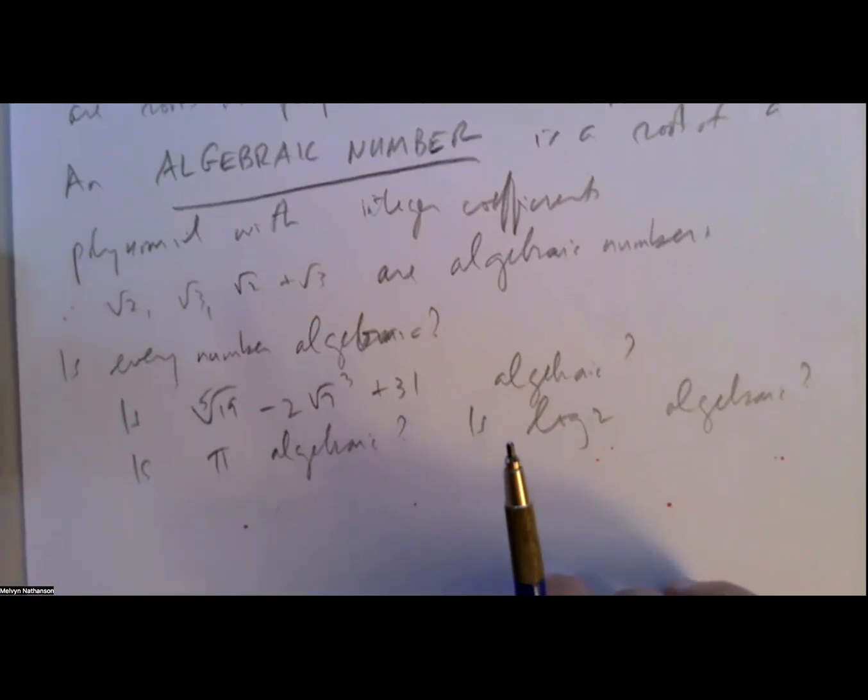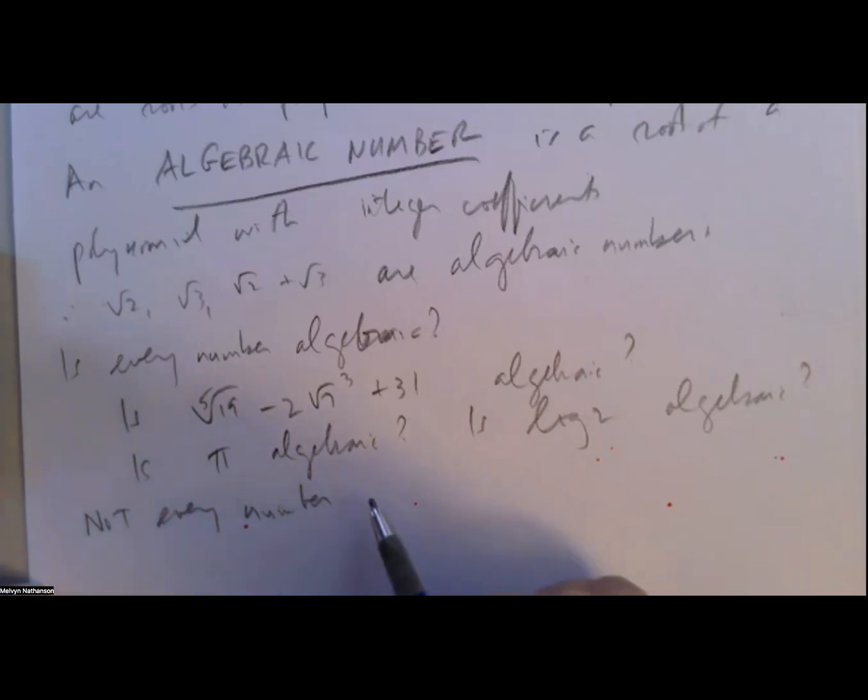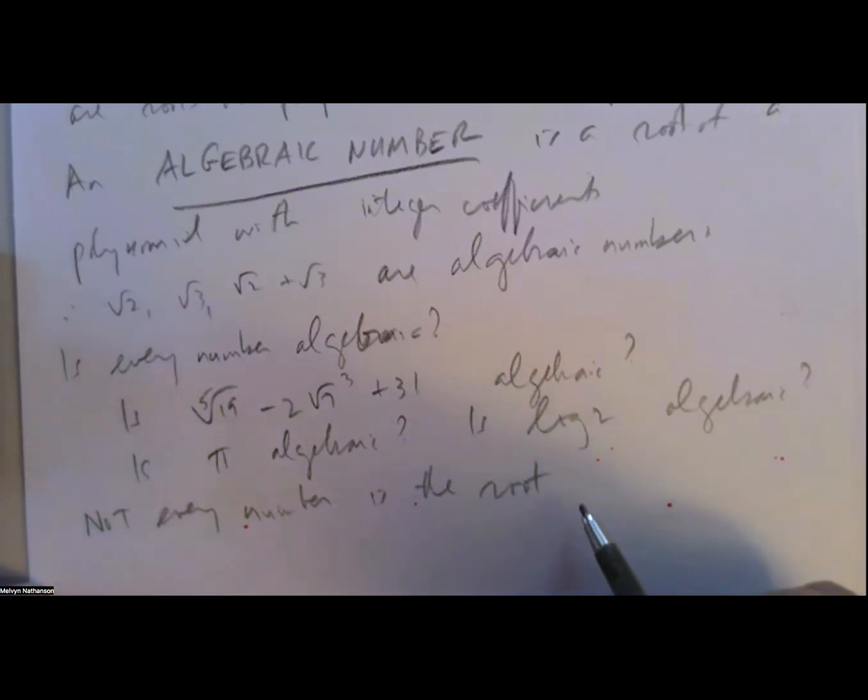And it took 2,000 years, but in the 19th century, the following theorem was proven: not every number is the root of a polynomial, no matter how complicated the polynomial.